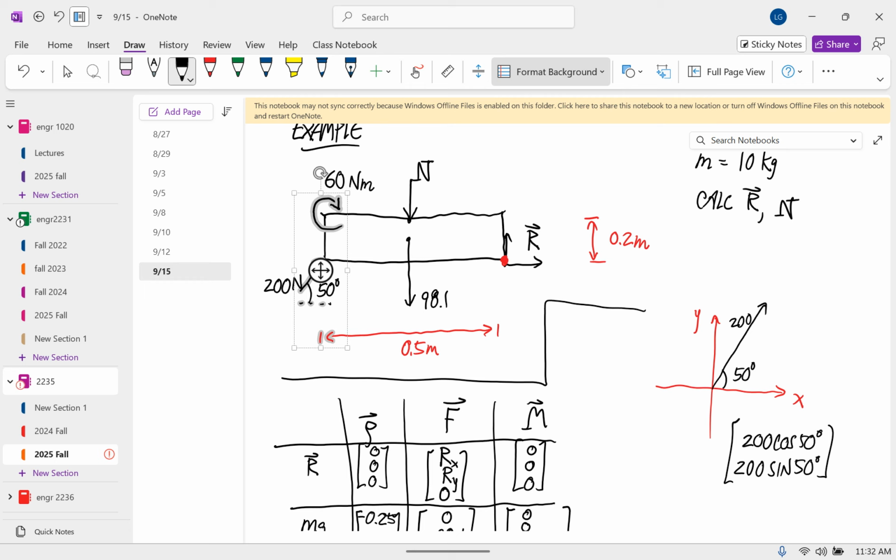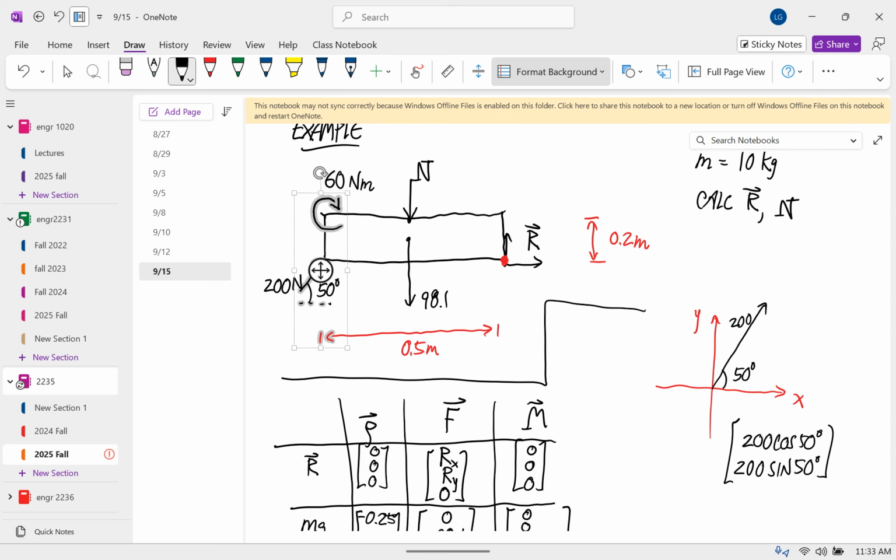All we know is that this has a magnitude of 60 Newton meters and it's in this direction. So I'm going to curl my fingers in that direction. My thumb is pointing in the negative z direction into the page. And so that's a 0, 0, negative 60. Okay, counterclockwise is positive, clockwise is negative.